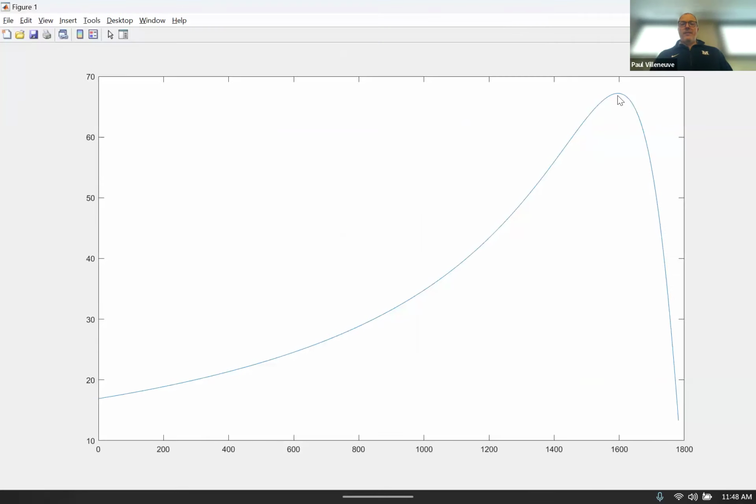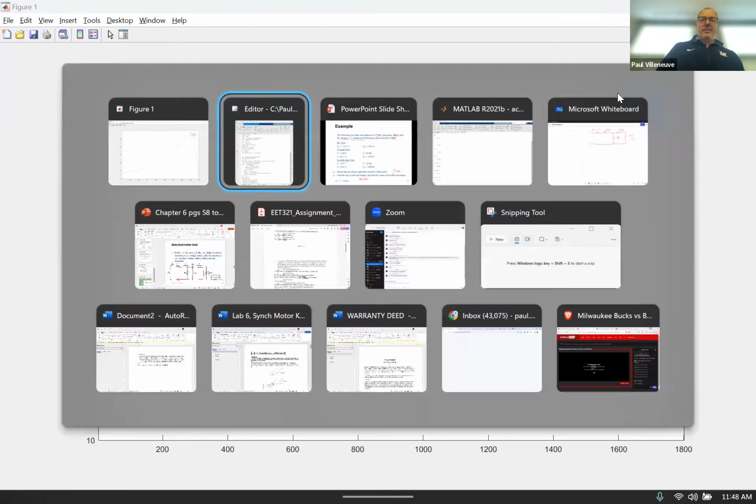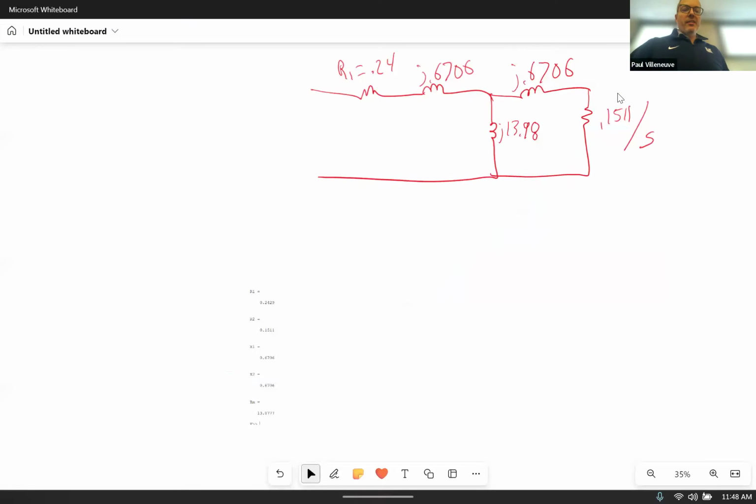So let's see. Click right here. I said 66 with the hand calculation. This is almost the same, right? 67.2, pretty close. And the speed is 1596. Can you calculate what the slip is?